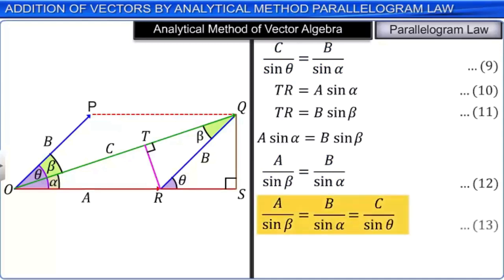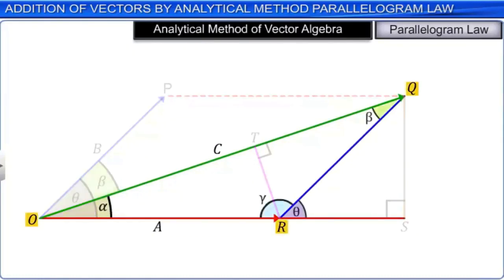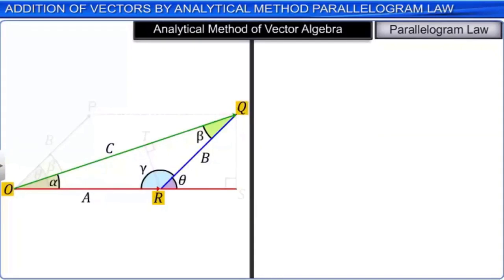That is, A by sine beta must be equal to B by sine alpha, which must be equal to C by sine theta, which is the relation between alpha, beta as well as the angle at which the two vectors are being split.